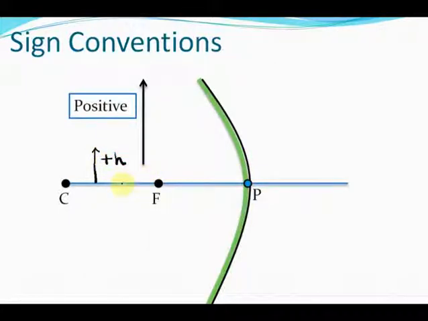Similarly, if the object height is like this, then its height will be minus h. So as you can see, the sign convention says that the direction above the principal axis, this is the principal axis, is positive, and the direction below the principal axis is negative. There you go.